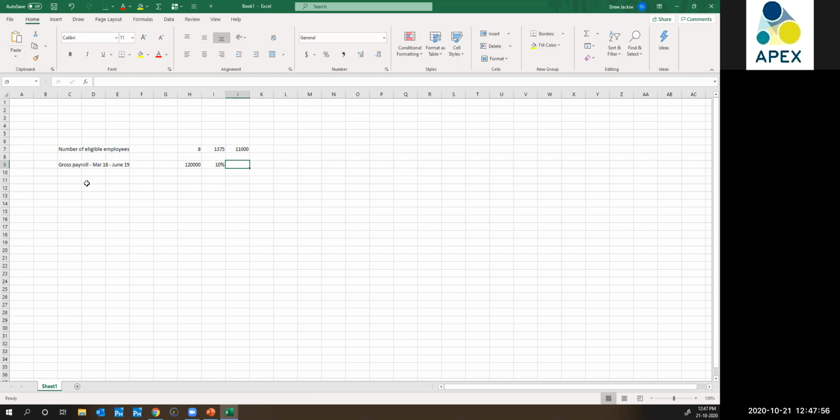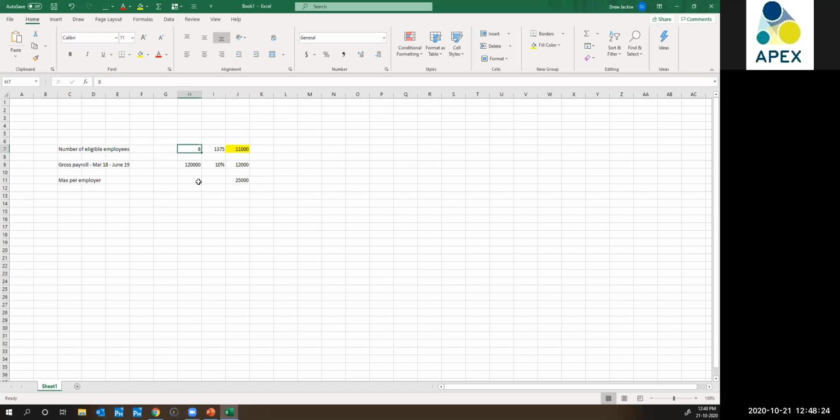Your benefit is $12,000. So at that point, your temporary wage subsidy benefit is $11,000. It's the lesser of, and I should put the third one on here, max per employer is $25,000. So that's the lesser of the 3. That's what you're entitled to.